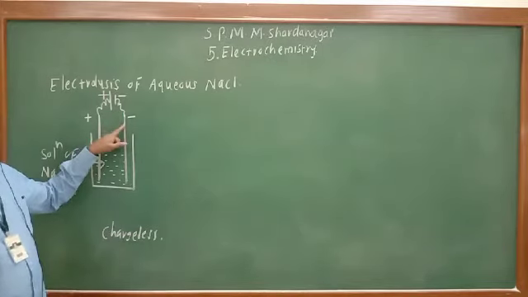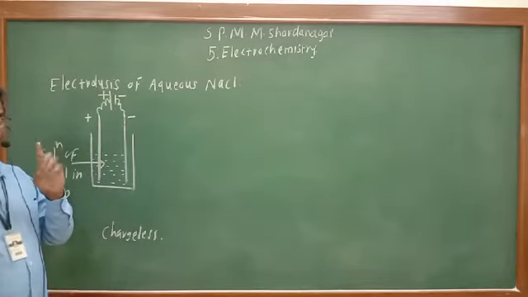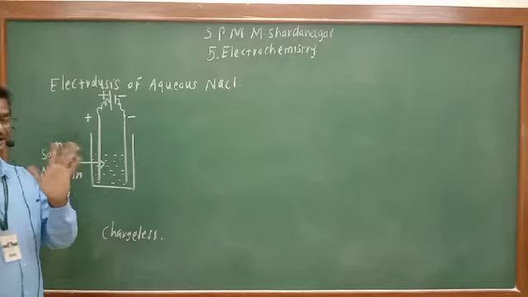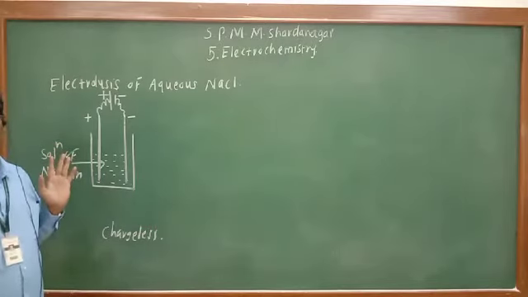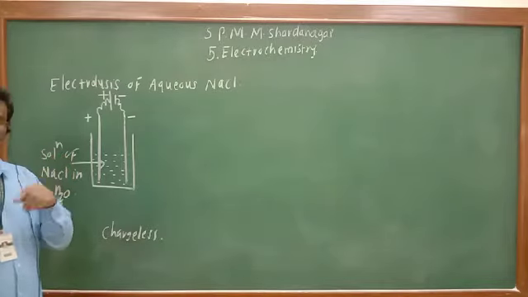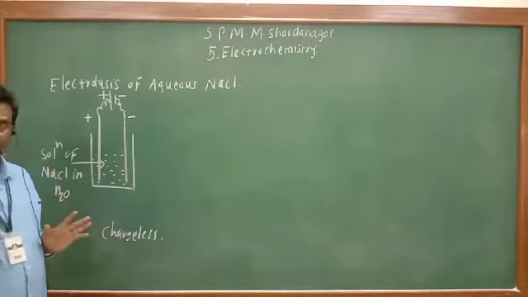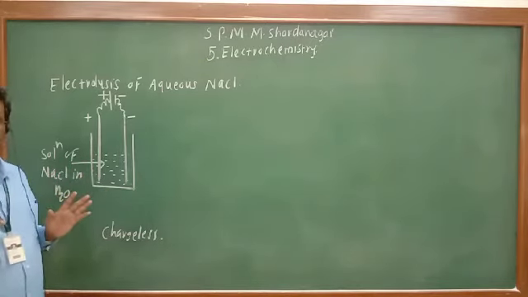Positive and negative, we are not telling them directly as anode and cathode. Charge will not explain the cathode or anode. The charge on the cathode may be positive or negative. The charge on the anode may also be positive or negative.